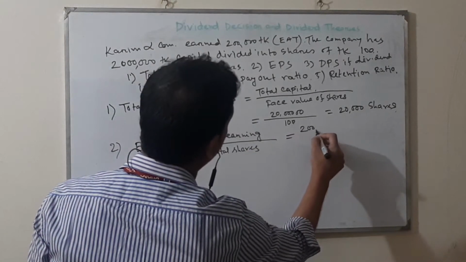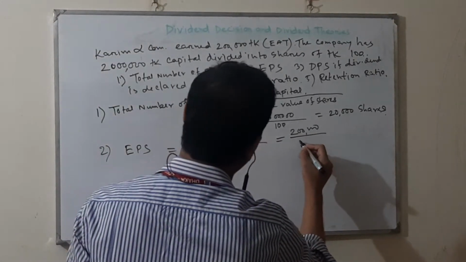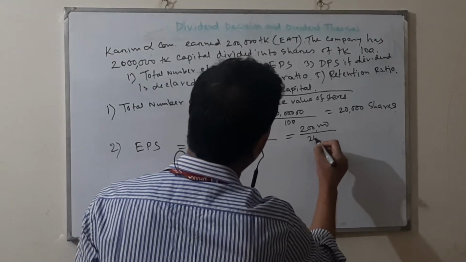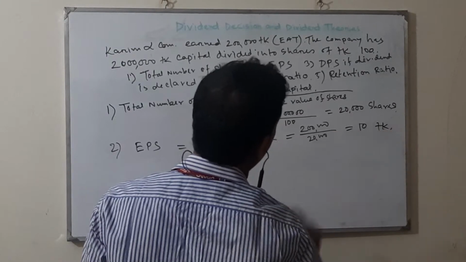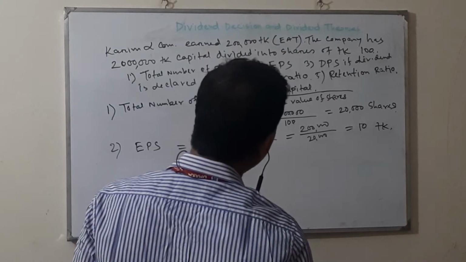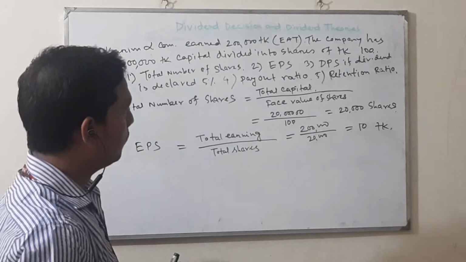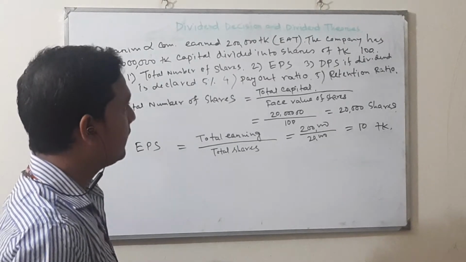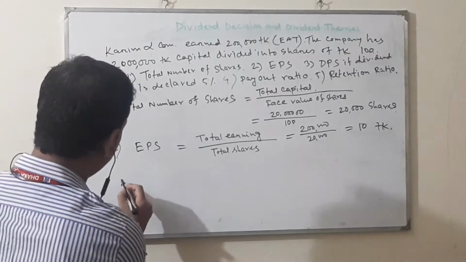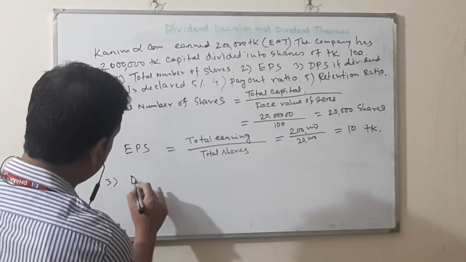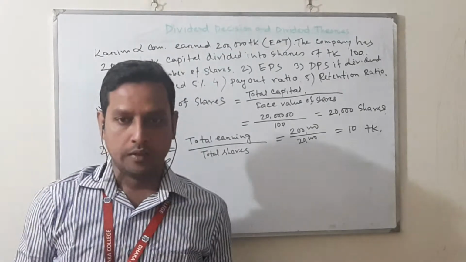Total earning is 2 lakh taka. Then total shares is 20,000 shares. So it is 10 taka. Then three, DPS, we should bring out DPS.